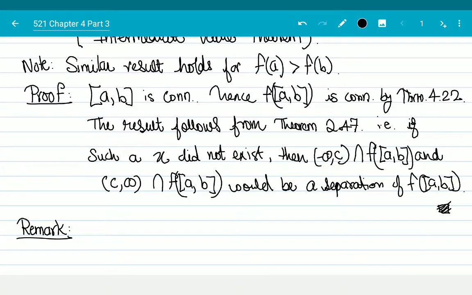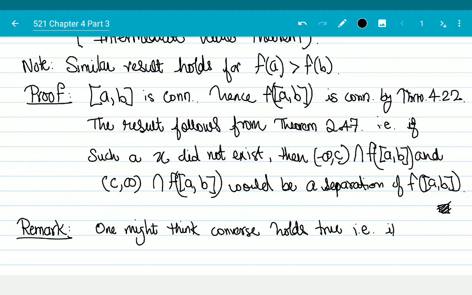One might think the converse holds true, i.e. if there exists x belonging to [a, b] such that f of x is equal to c.